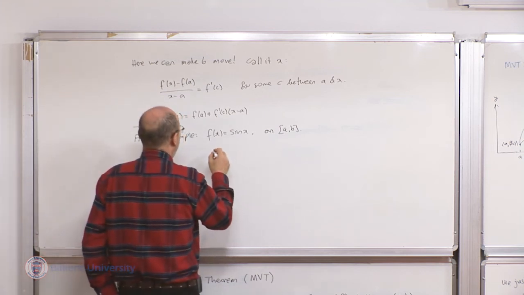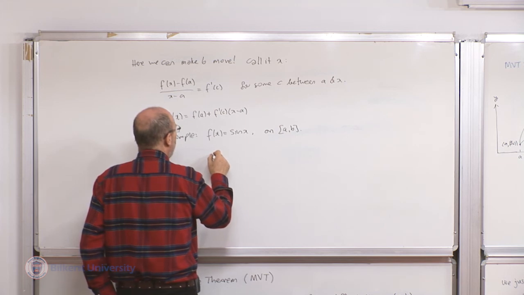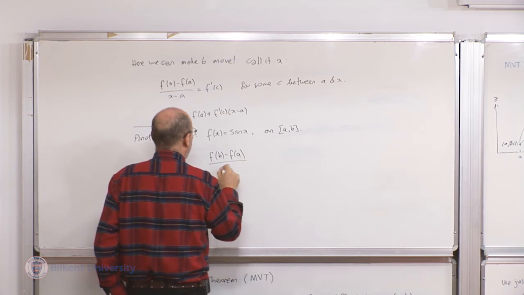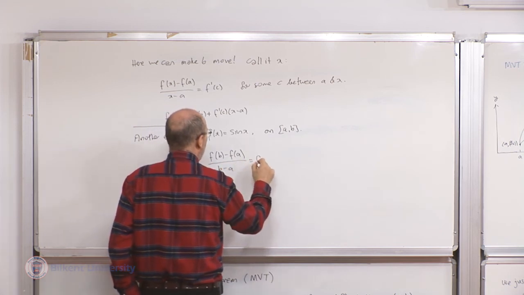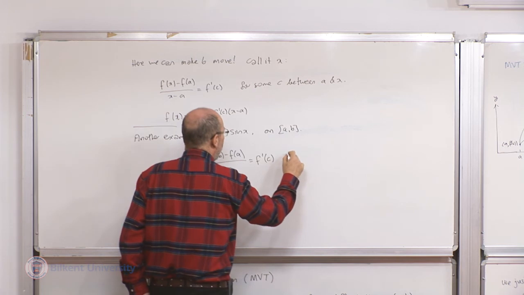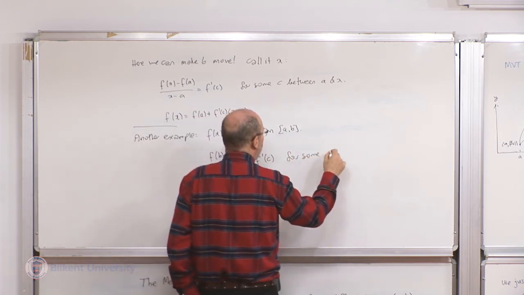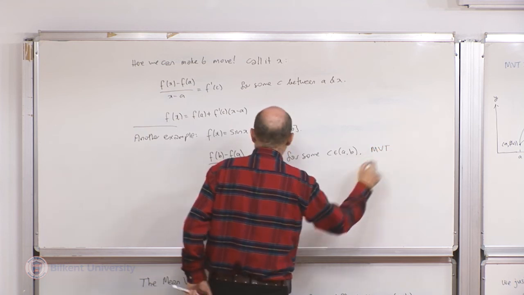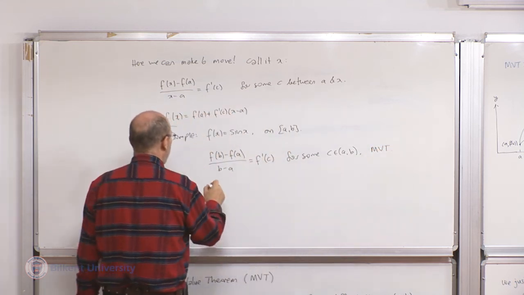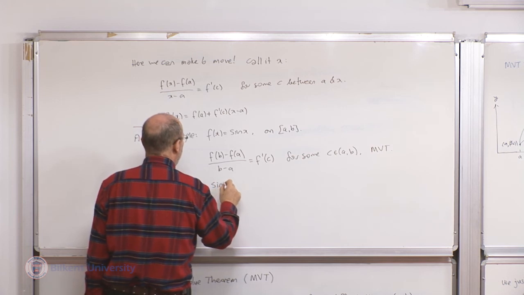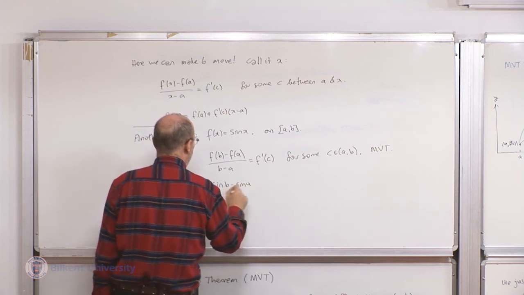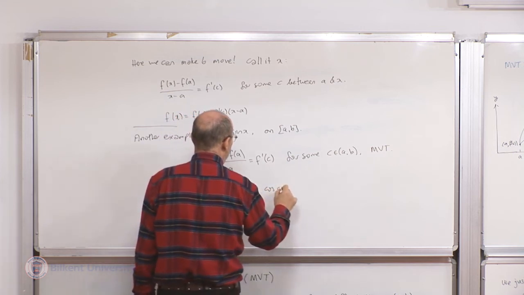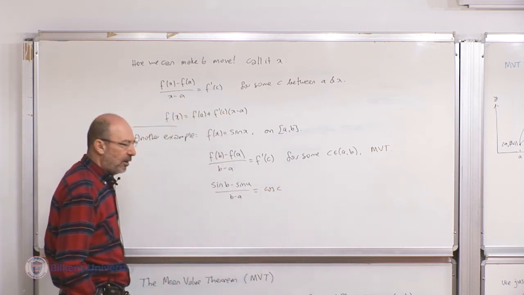So we look at f of b minus f of a over b minus a is equal to f prime c for some c in a, b. So this is the mean value theorem. Now let's put these things in here. I have sine b minus sine a over b minus a equals cosine c for some c between these.